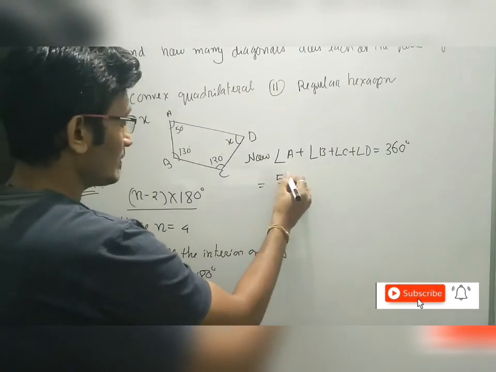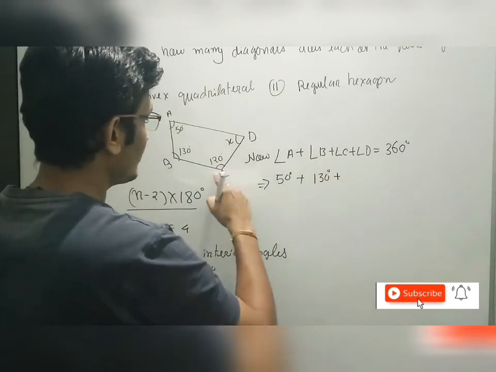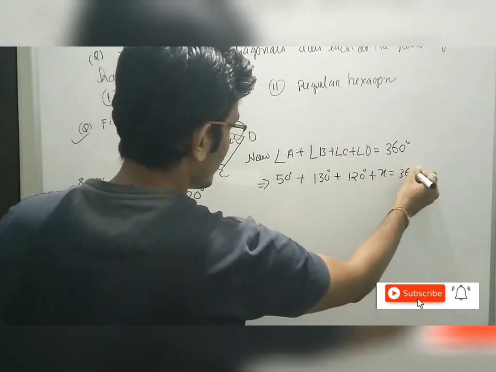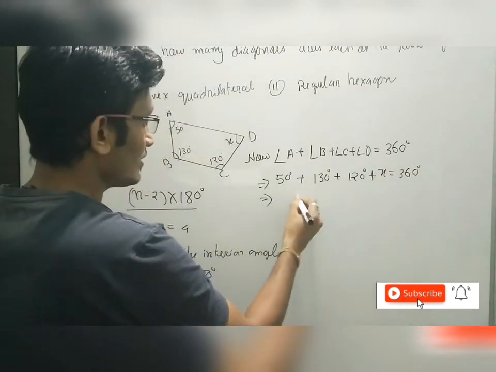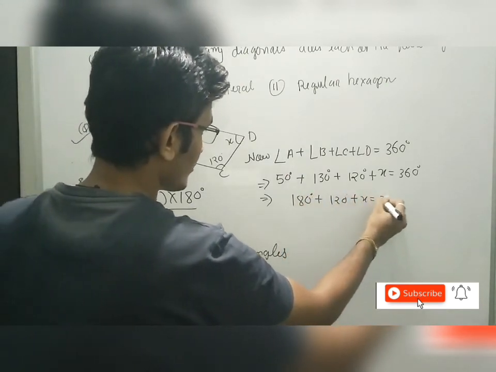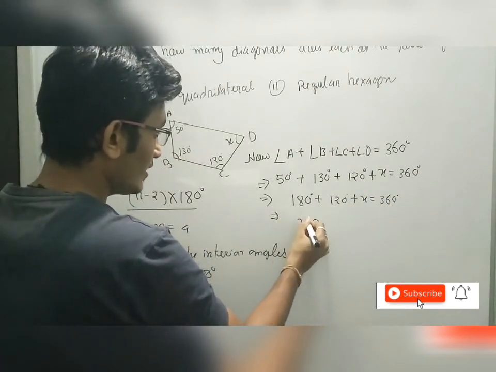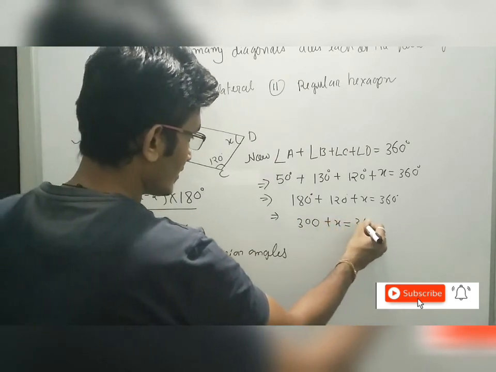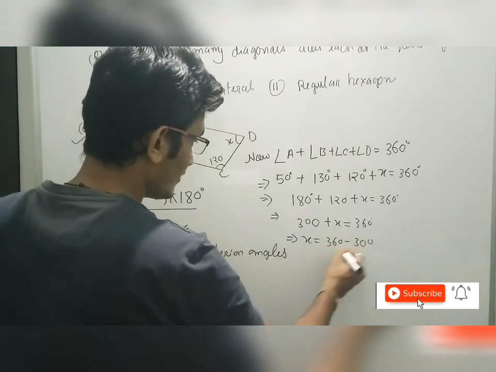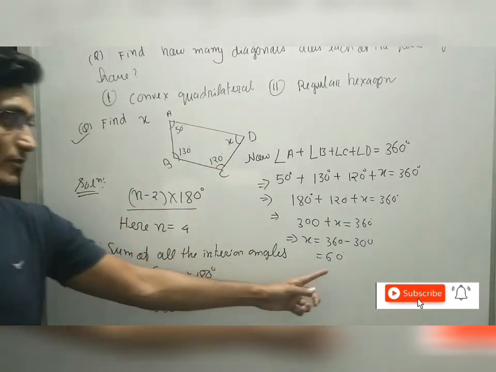The value of A is 50 degrees, B is 130 degrees, C is 120 degrees, and D is x. So 50 plus 130 is 180, plus 120 plus x equals 360. 180 plus 120 is 300, so 300 plus x equals 360. From here, x equals 360 minus 300, that means 60 degrees. So x equals 60 degrees.